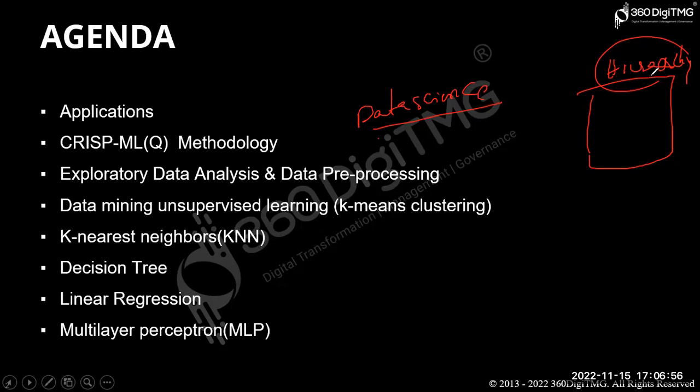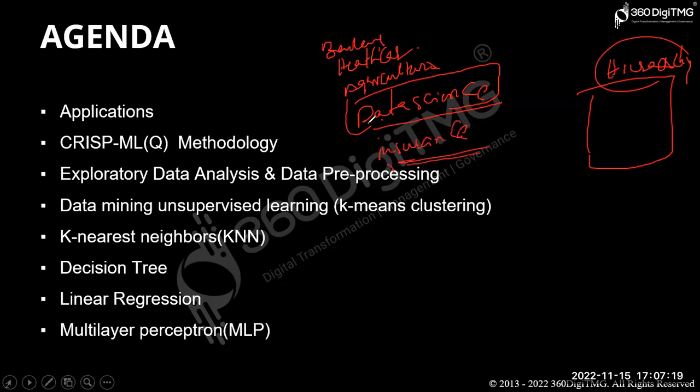Similarly, whatever data science you are working on, irrespective of the domain, whether it is healthcare, agriculture, banking or insurance, we will be applying the CRISP-ML methodology. That is the reason it is called cross-industry. Irrespective of the domain, we apply the same CRISP-ML format.